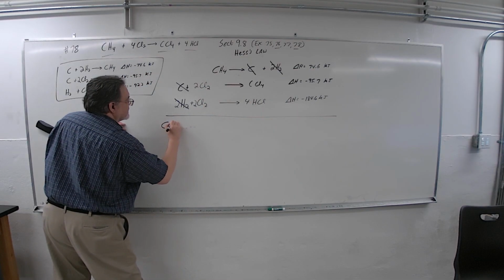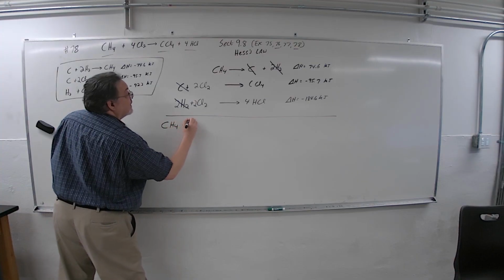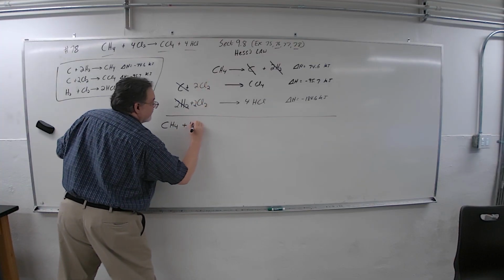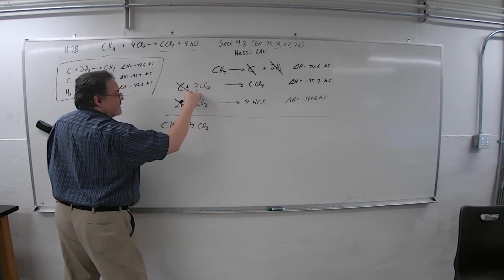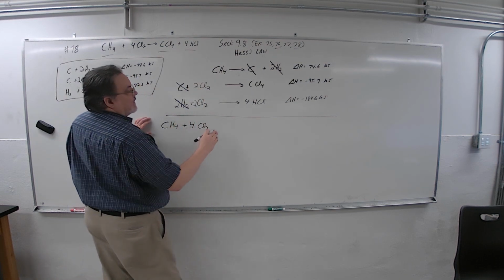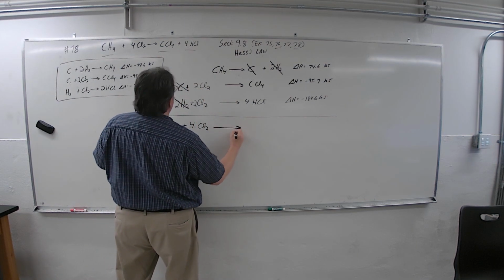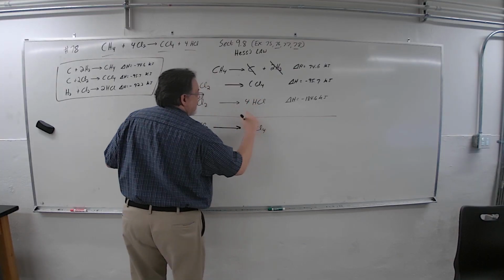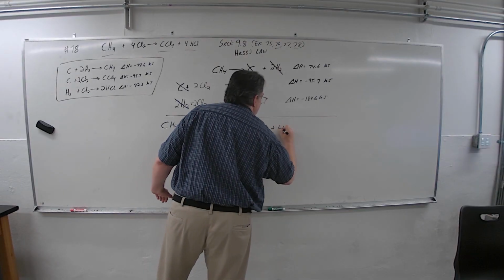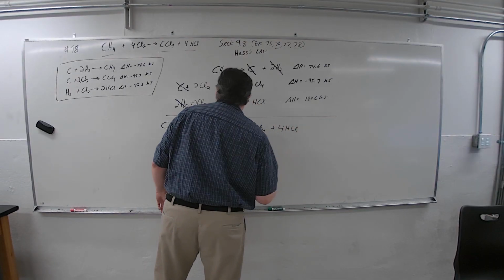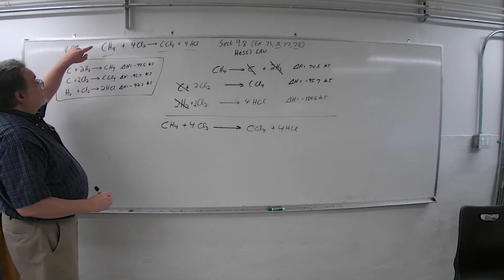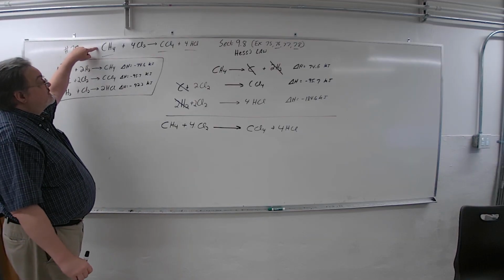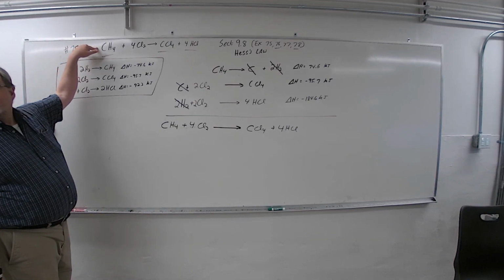So what I have left is CH4, plus this, which is 4Cl2, so I add those up. And then I've got CCl4 and 4HCl. And that's this. CCl4, you see that?